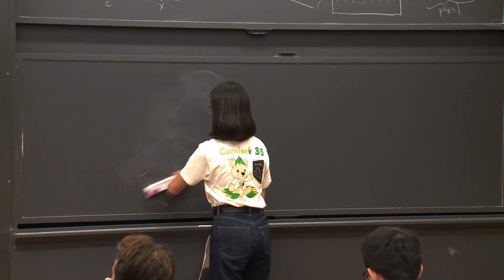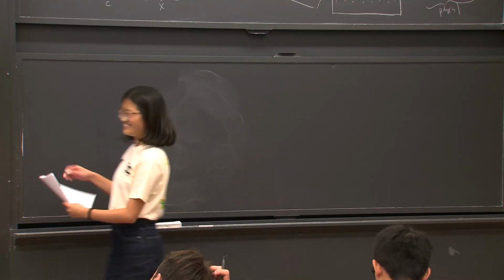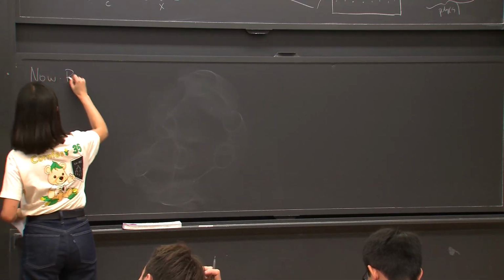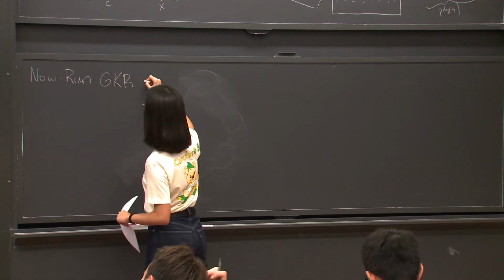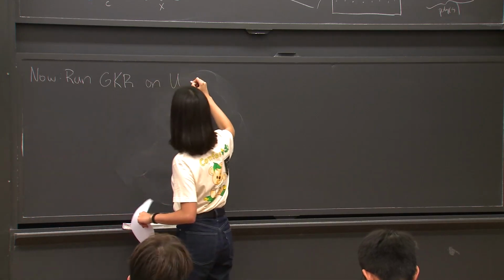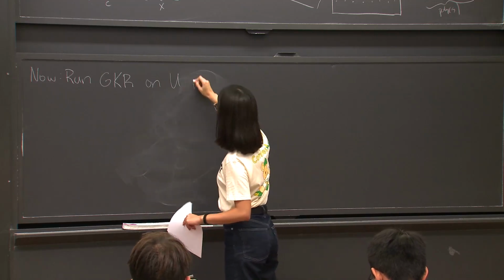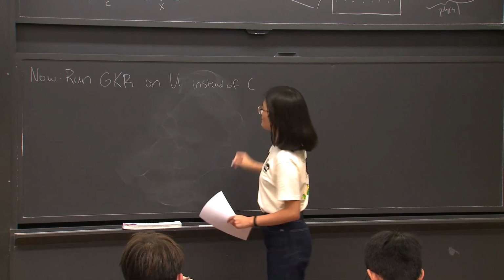The input n has increased because you have the description. Now we're going to run GKR on U, maybe call it U of C.